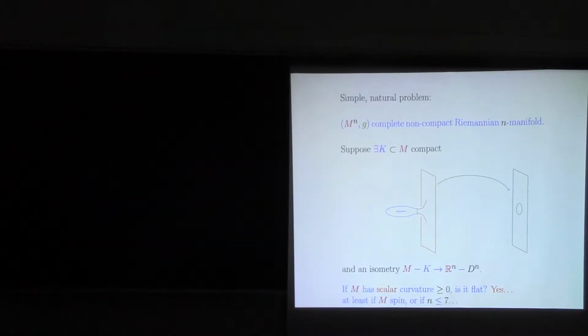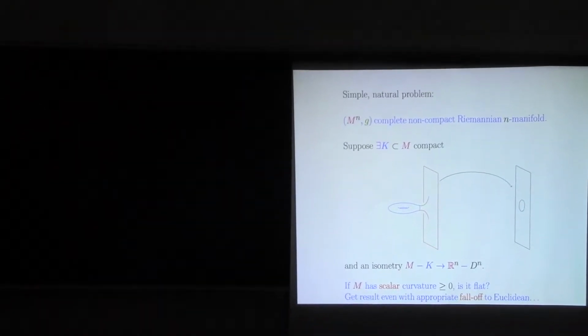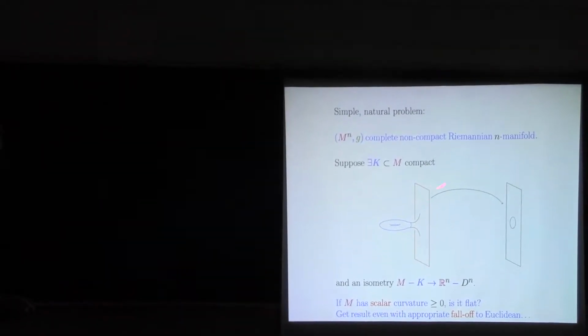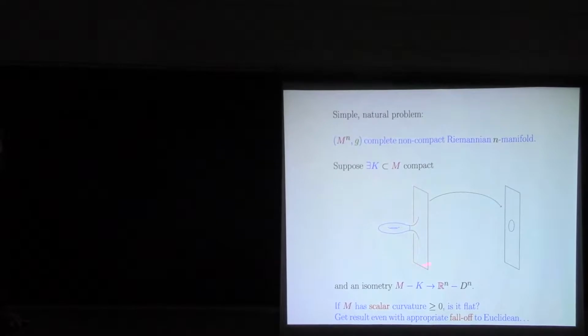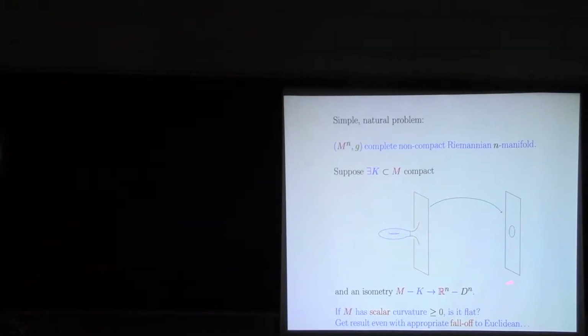I'm going to tell you a different set of results, though. This involves ideas that originally came from physics, specifically gravitational physics. The important thing, so this would be kind of a very specialized problem if you were only talking about metrics that were actually equal to the Euclidean metric outside some compact set.